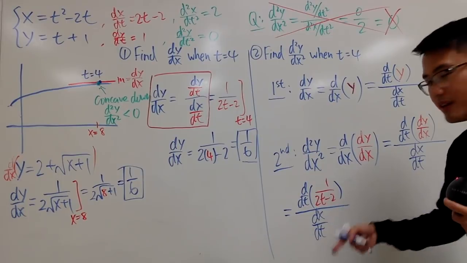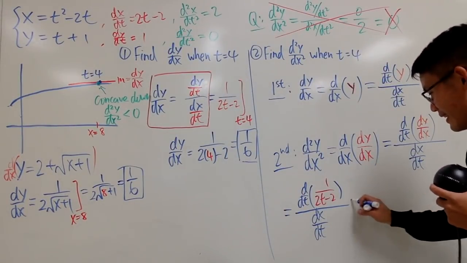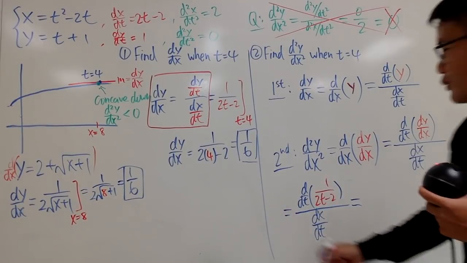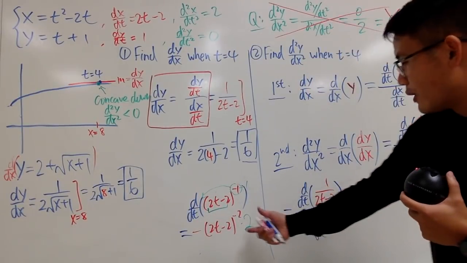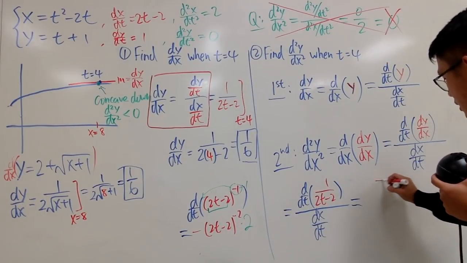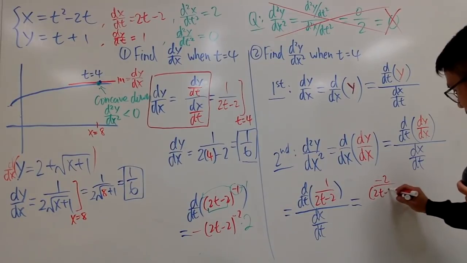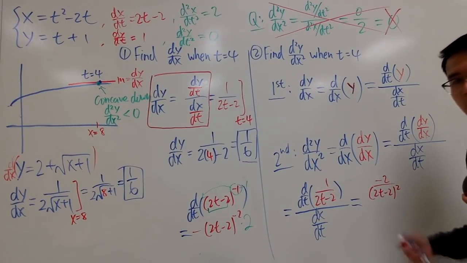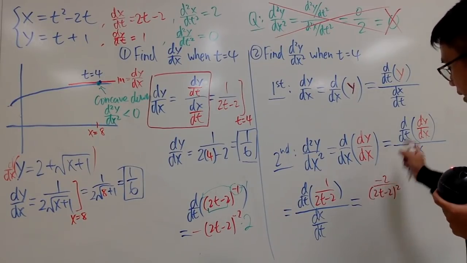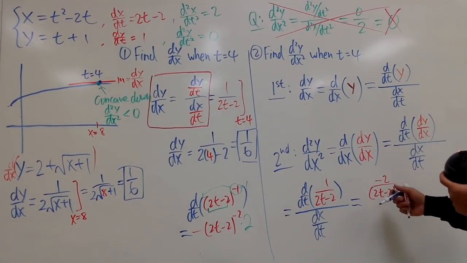On the top is calculus, on the bottom is you put this down and divide it again. So, let me just do the derivative real quick on the side. Alright, so I will just put this expression down and we have negative 2 on the top over, this is parentheses 2t minus 2 to the second power. And yes, you can factor out a 2 and then cancel the 2's, but let me not do that because I think this is actually prettier.